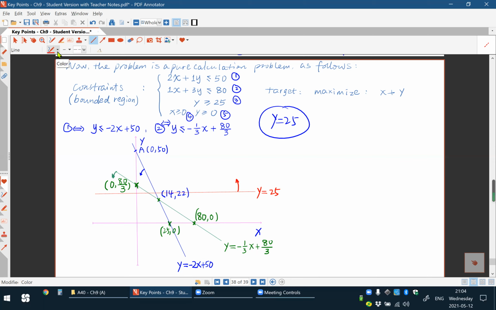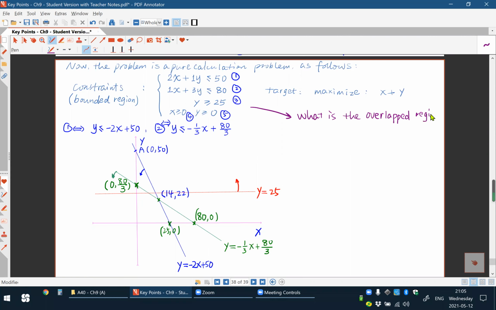Okay, so what is the intersection? What is the overlapped area? Can you tell me what is the overlapped region?